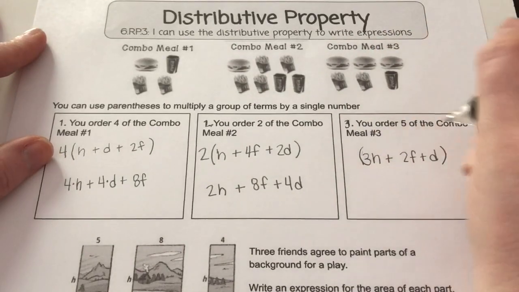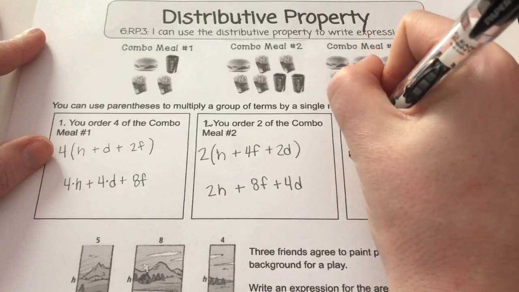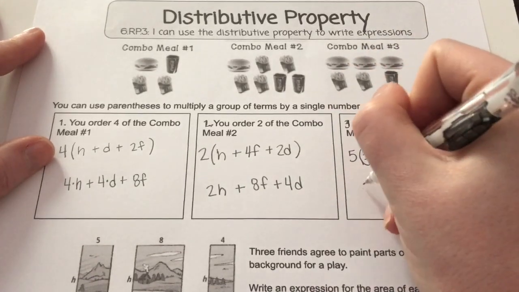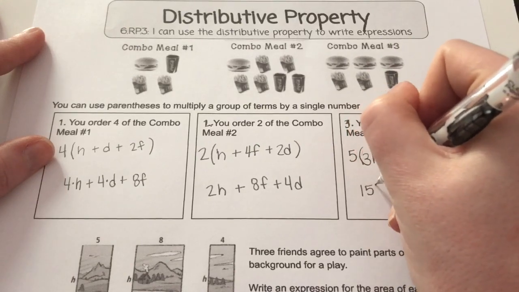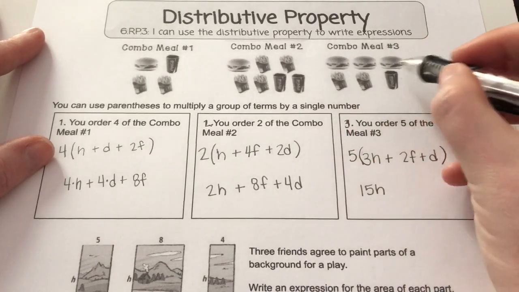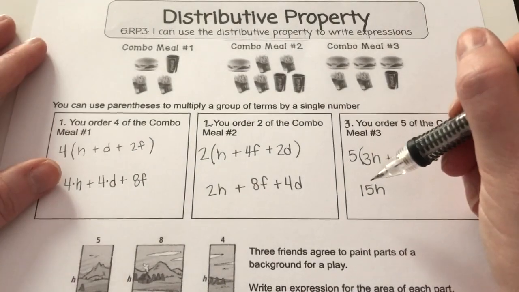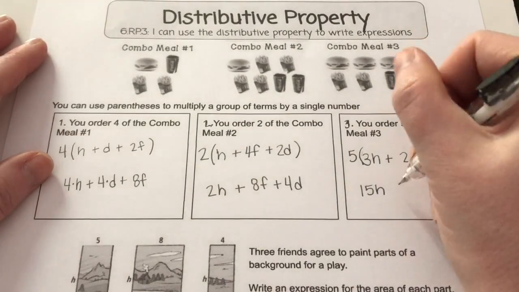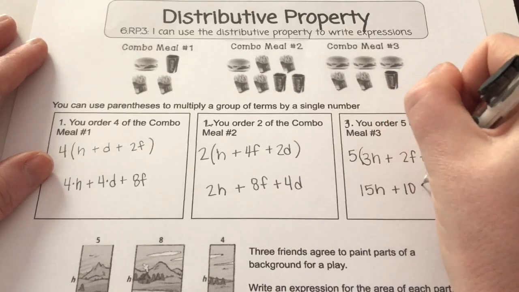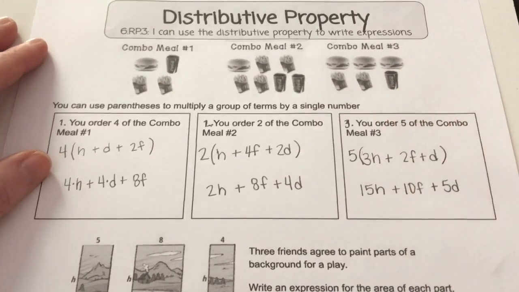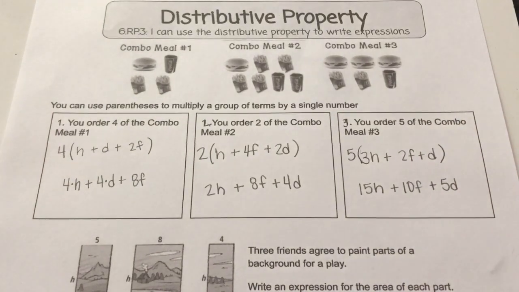So with 5 of that combo meal, I'm going to end up with 15 hamburgers. Remember, if there's 3 hamburgers in just 1 of the combo meals and I order 5 of them, that's 15 total hamburgers. That's 10 total orders of french fries and 5 drinks. Ready for a party, I guess.